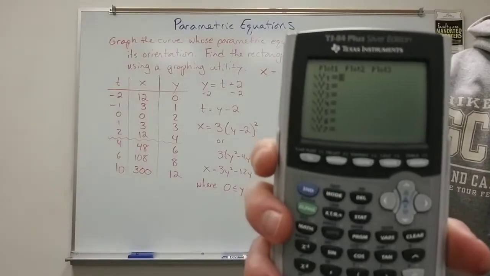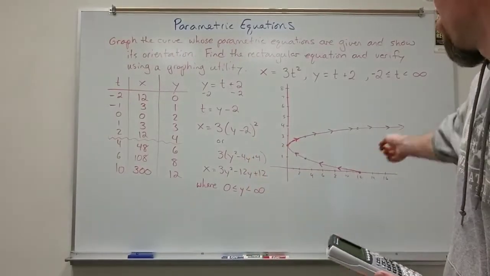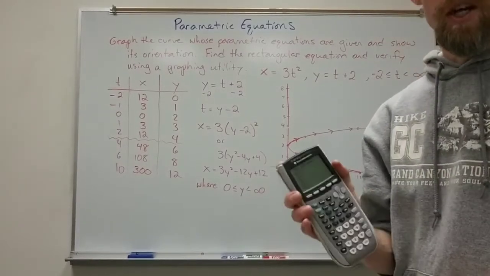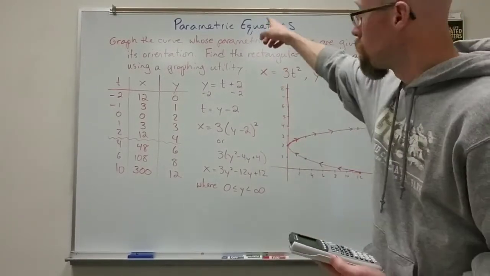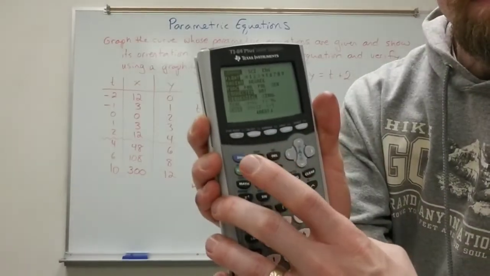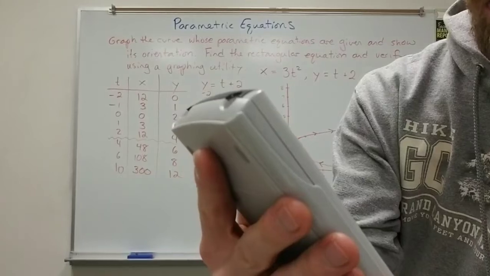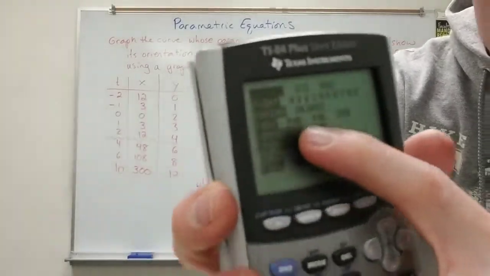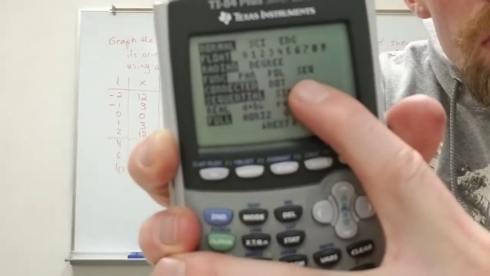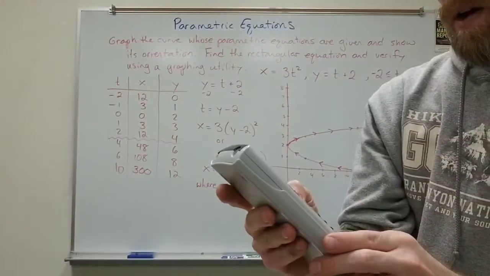I don't have a nice way to represent this. I can, however, change my mode to parametric mode. If you hit the mode button, it will give you some options: function, parametric, polar, and sequence. And what we want is parametric.